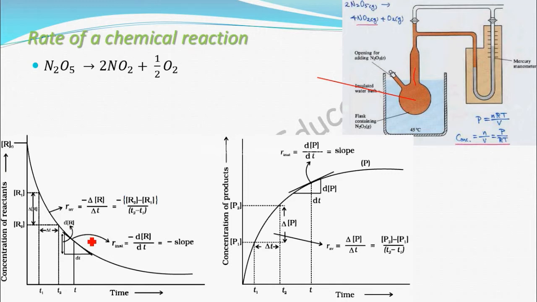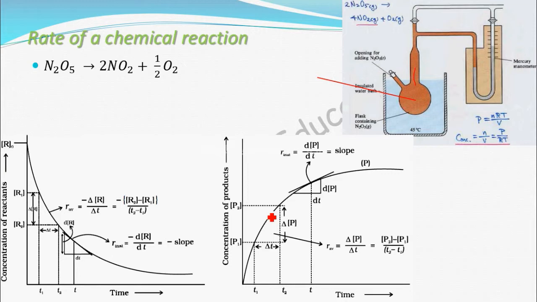This decrease in concentration of the reactant in unit time is called rate of reaction, or you may consider the increase in concentration of the product in unit time is also called rate of reaction. Both are equal. The decrease in concentration of reactant in unit time is also rate of the reaction, that is also equal to the increase in concentration of the product in unit time.